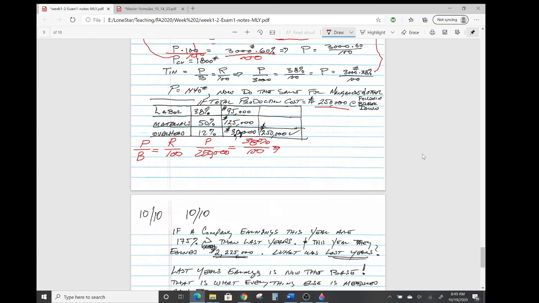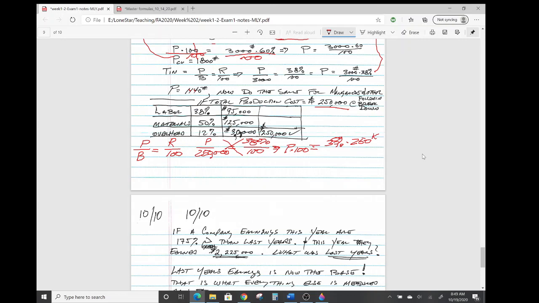Okay, we're going to cross multiply. Cross multiply. Bingo. And we get P times 100 equals 38 times 25. K. K is 1,000. So it's 25,000, 250,000, 250K.